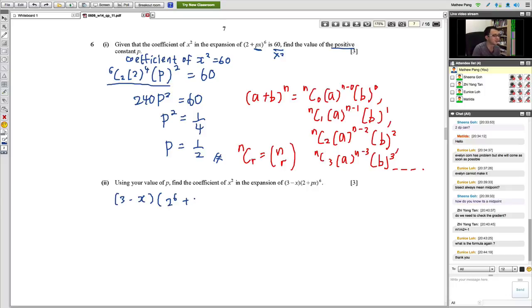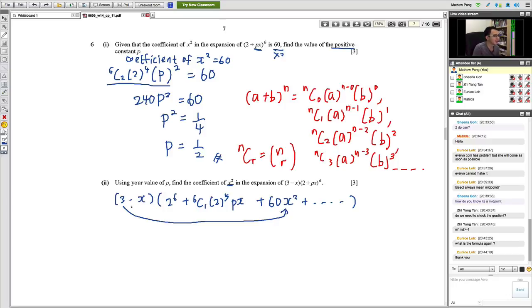The second term will be 6c1, and then 2 power 5, and then px, plus this one we have already, which is 60 x squared. Or you can do 6c2, and you can use the formula also, but because I know already, I will stop here. Okay, in order to get the coefficient of x power of 2, my 3 I will multiply with x squared.